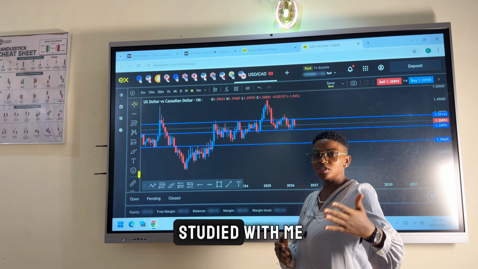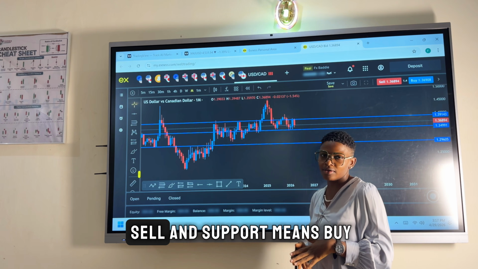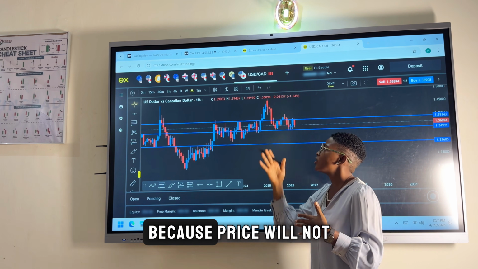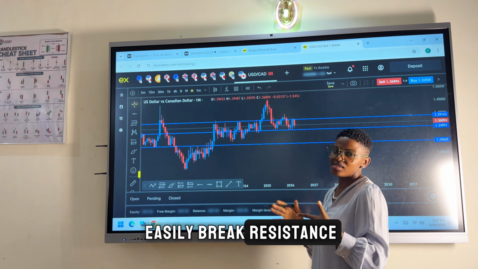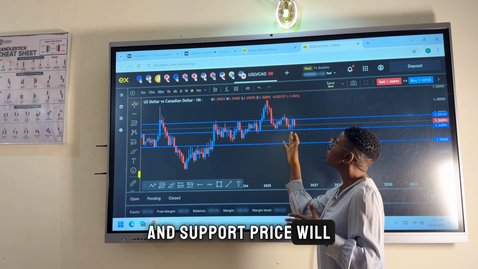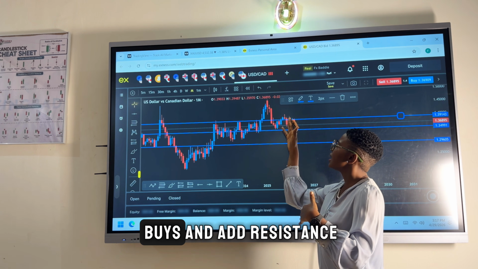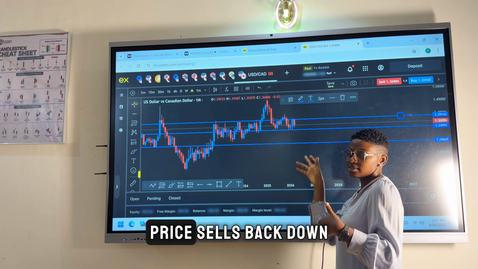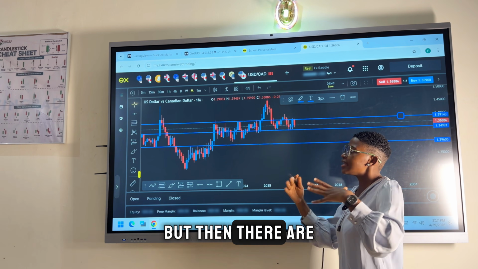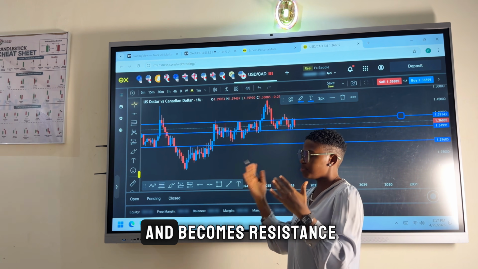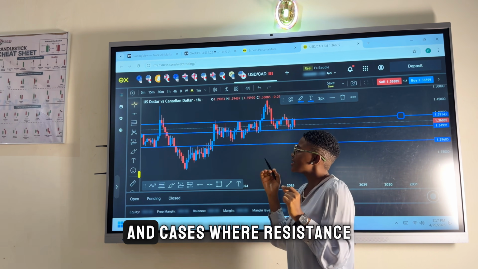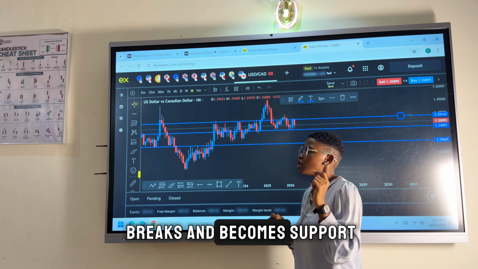People who have studied with me know resistance means sell and support means buy, because price will not easily break resistance, and price will not easily break support. So at support, price buys, and at resistance, price sells back down. But then there are cases where support breaks and becomes resistance, and cases where resistance breaks and becomes support.